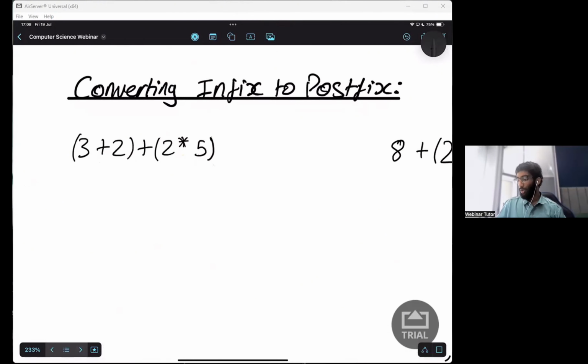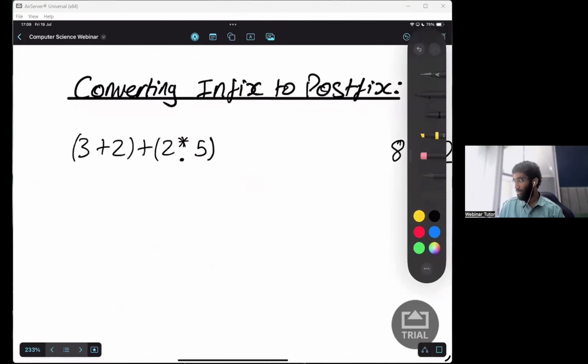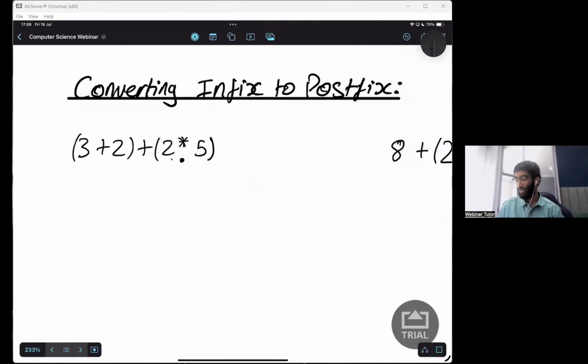We're going to take any operators that we find, in which case we're going to take this multiplication and move it outside the bracket over here. Then we're going to move across until we find the next operator, which is the plus over here.